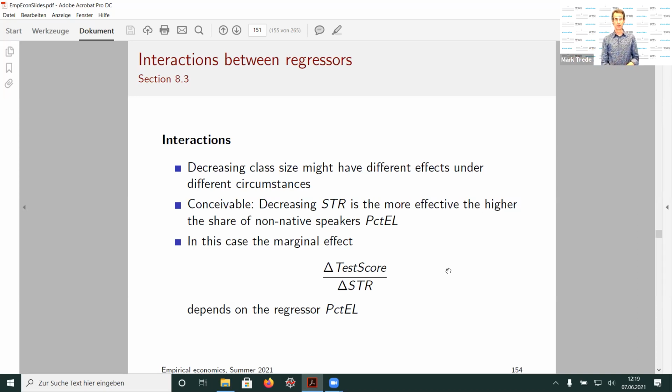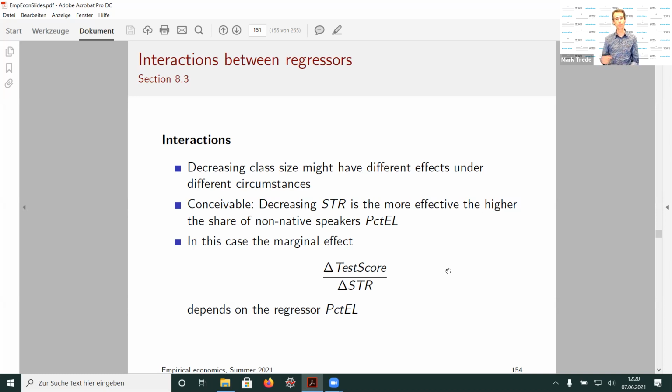Okay. And if we assume a multivariate linear regression model, then the marginal effect of decreasing or increasing the class size is constant. That's just one of the main properties of a linear regression model. If you increase the class size by 1 unit, then the effect on the test score will always be the same under the linear regression model.